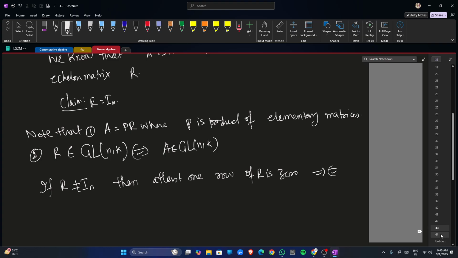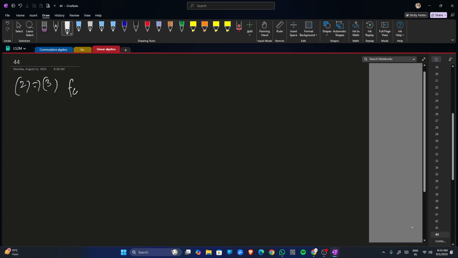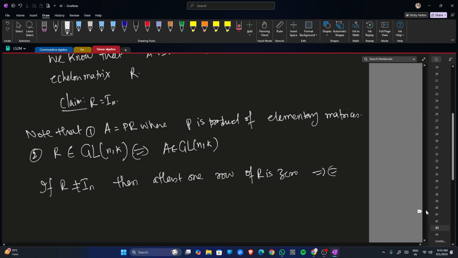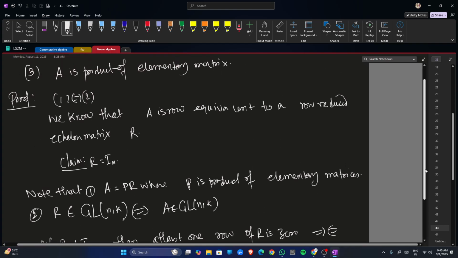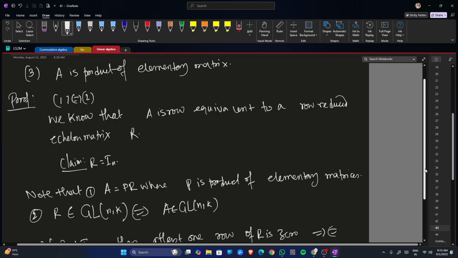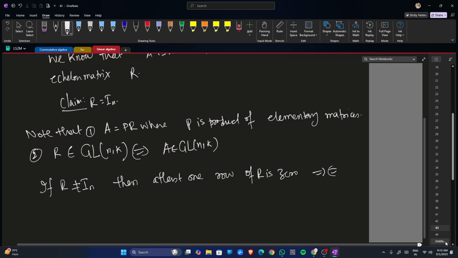Yes, A equal to PR. 3 implies 1. What is 3 implies 1? 3 says A is a product of elementary matrices. So A is invertible, as elementary matrices are invertible.